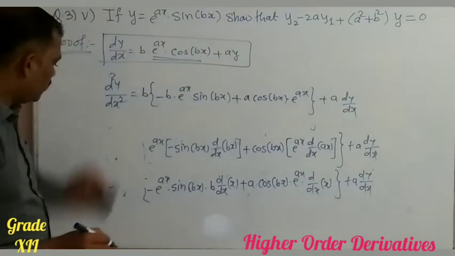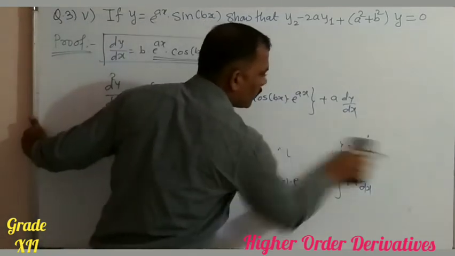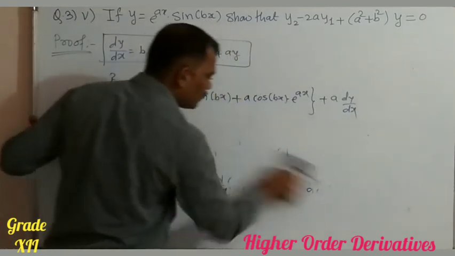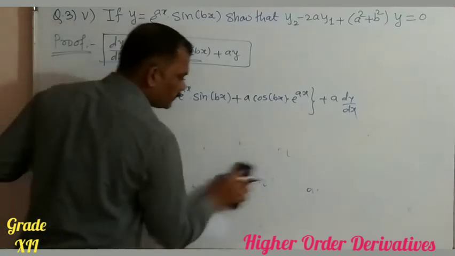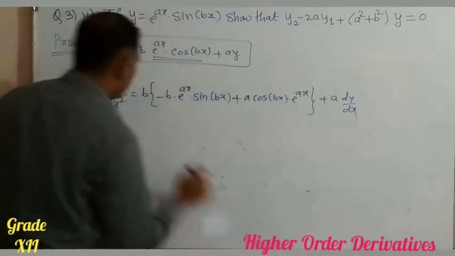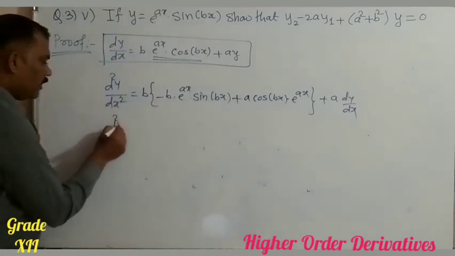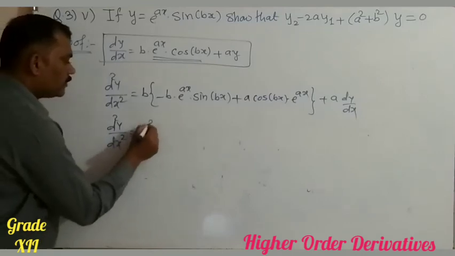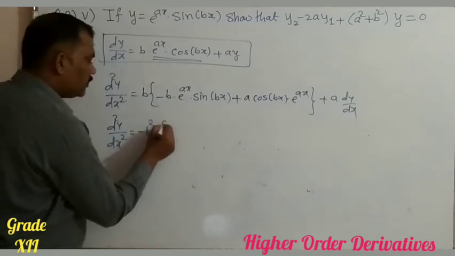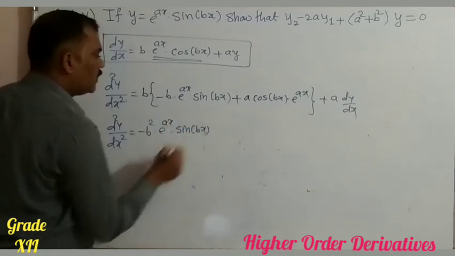So what we have to get here, if we multiply inside by b, we get d2y by dx square is equal to minus b square into e raised to x into sine of bx.